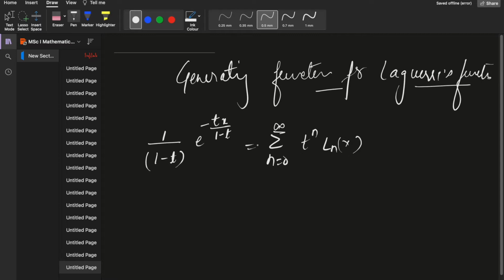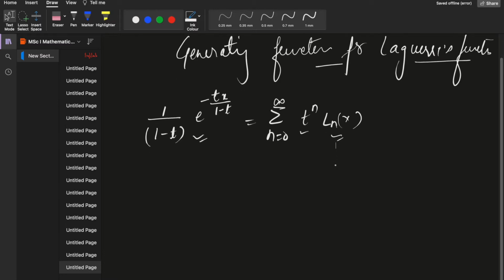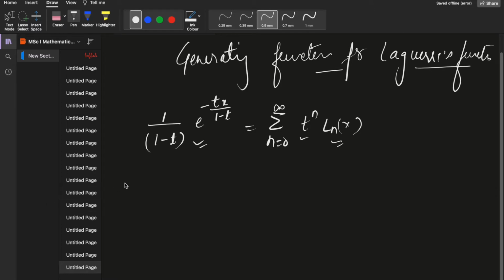If we expand both the terms and compare the t to the power n coefficient on both sides, the left hand side will give us the Laguerre function Ln(x). Just to prove this, we are taking the LHS.